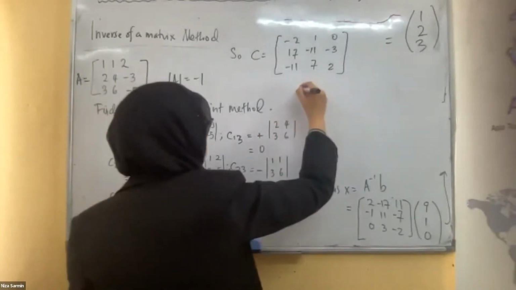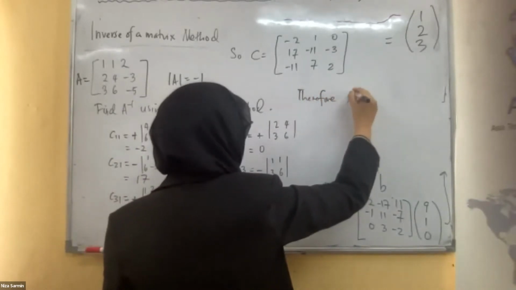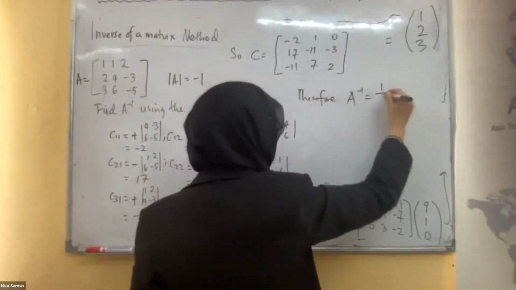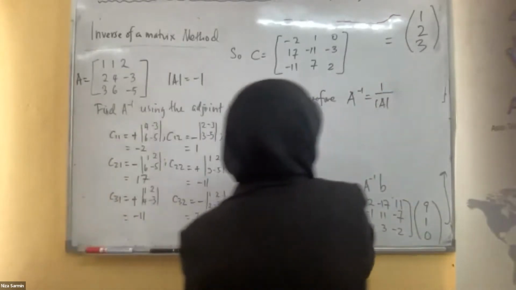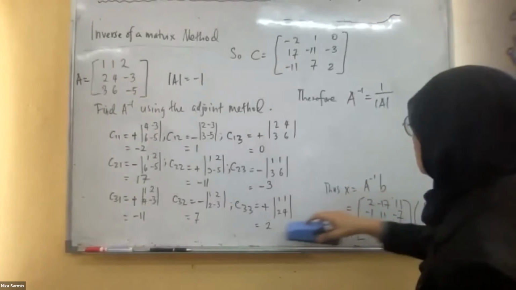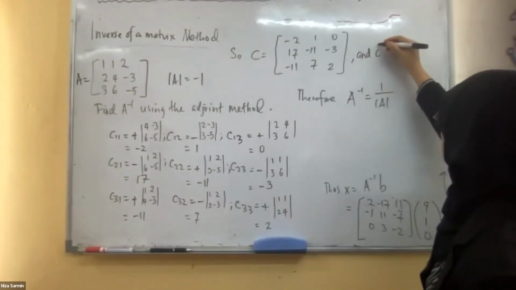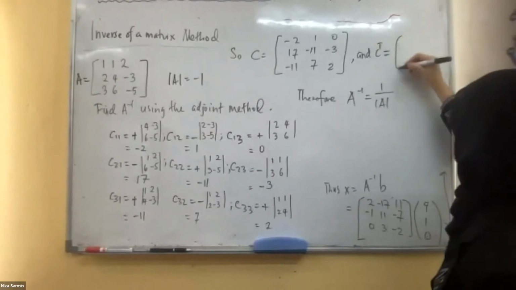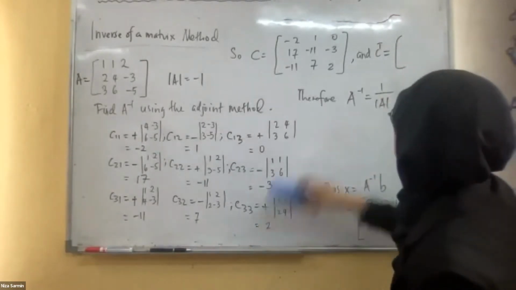And therefore, A inverse is 1 over the determinant of A. Oops, sorry. And C transpose equals, let me write like this.